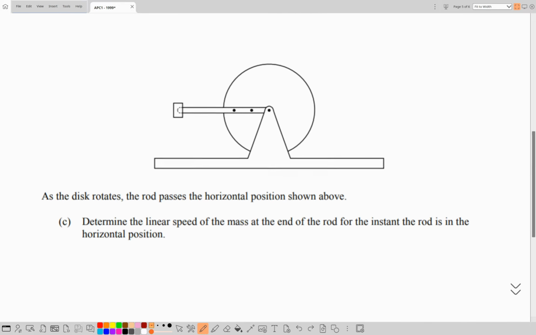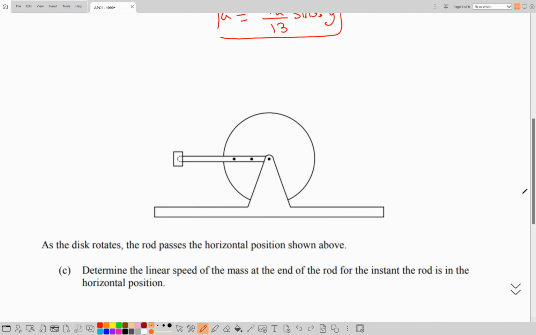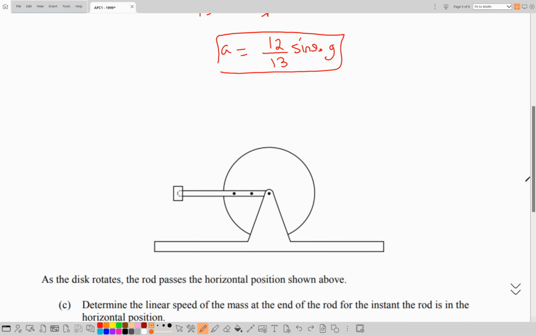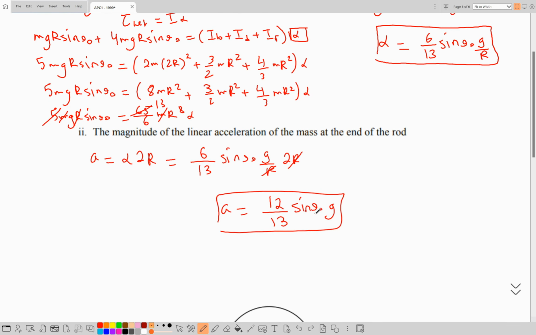One way to think about it, since we have the acceleration, we can determine the linear speed, and this is a bit challenging. Why? First of all, you cannot use kinematics in any sense, simply because although this acceleration is constant, we have determined its value immediately after the string is cut.